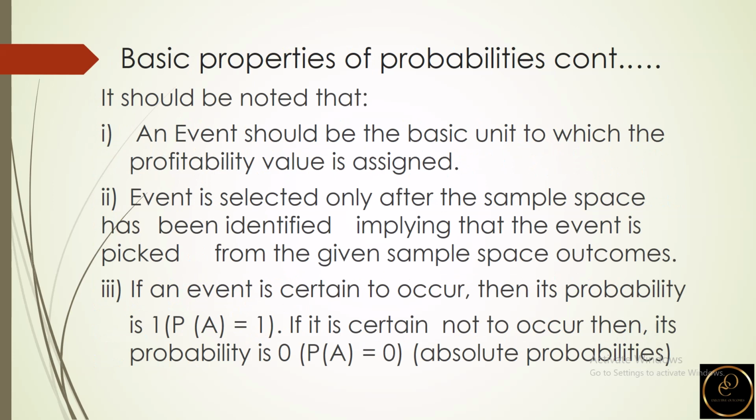It should also be noted that an event should be a basic unit to which the probability value is assigned. Furthermore, an event is selected only after the sample space has been identified or specified, implying that the event is picked from a given sample space of outcomes.